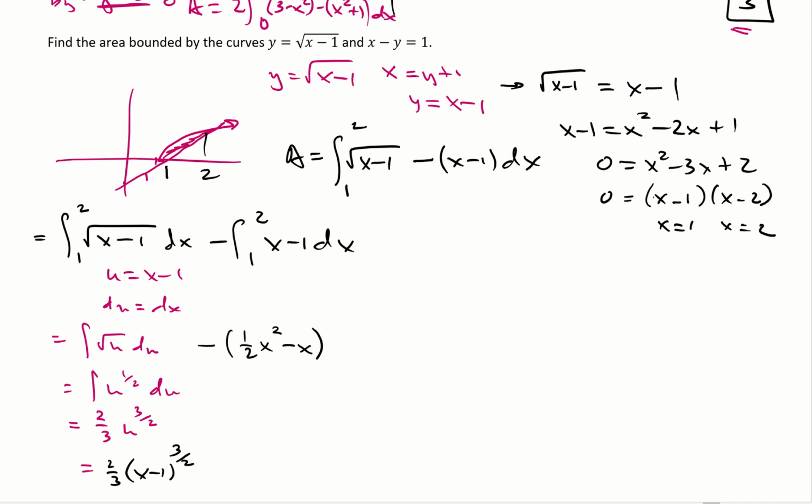What you could do is say minus 1/2 x squared, and then minus a minus is plus x, and down here do that, minus 1/2 x squared, and then plus x, and now we apply the limits, which are 1 to 2.